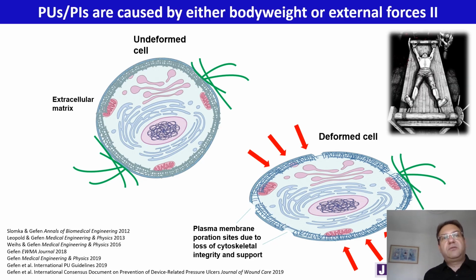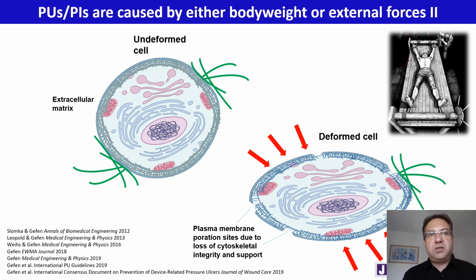And you can think about it as in kind of an analogy. Think of this poor, tortured person on the torture rack. Now, this person is subjected to sustained forces applied by the torture rack. And what these sustained forces do is that they distort the skeleton of that person.